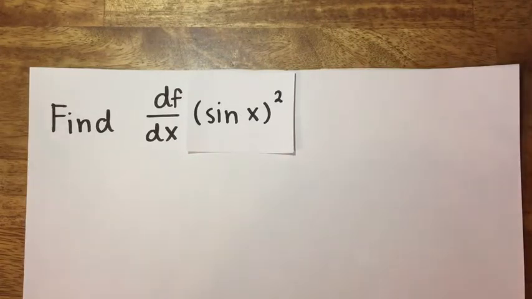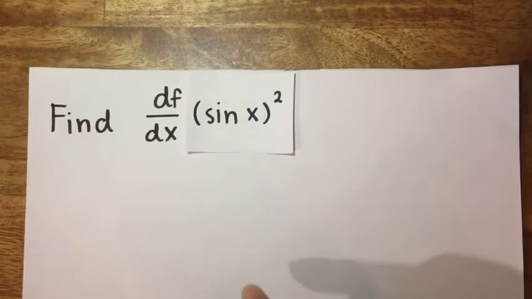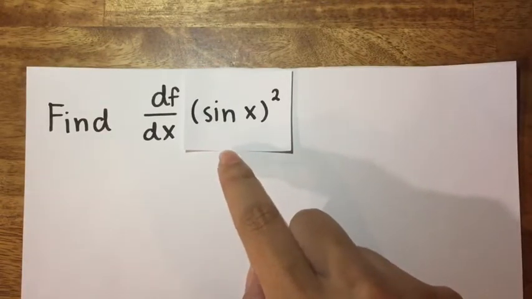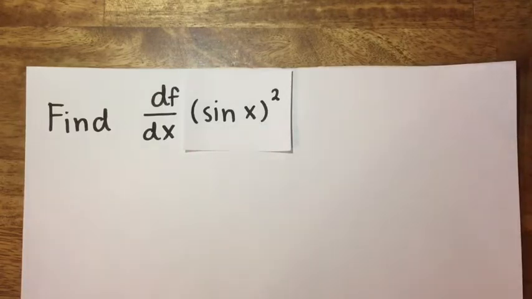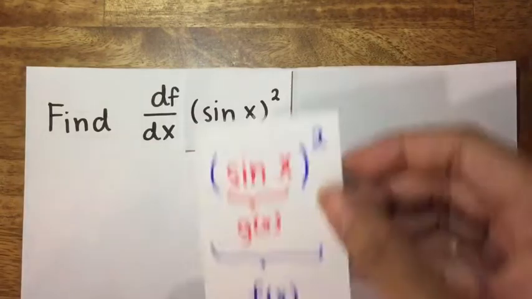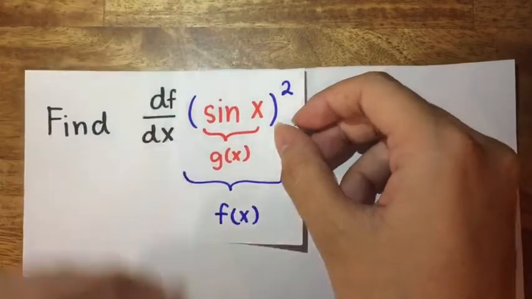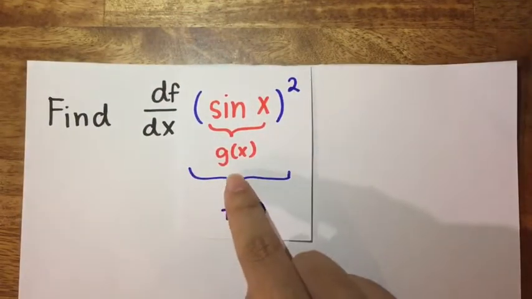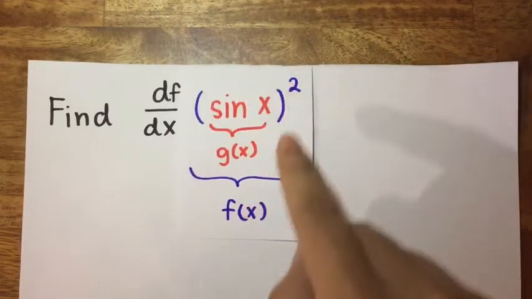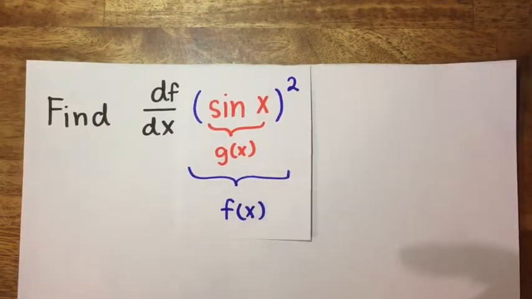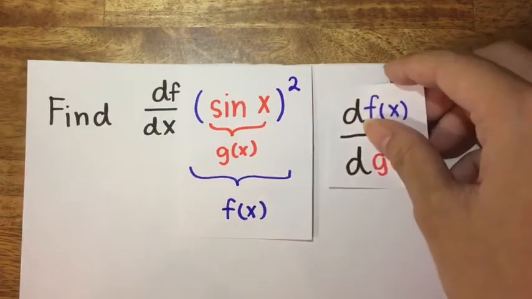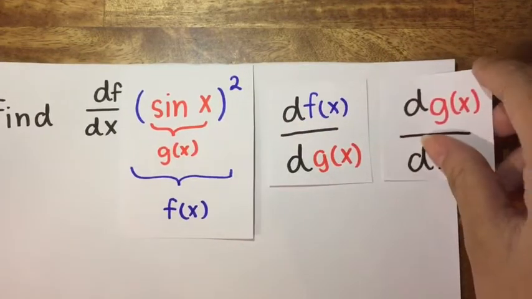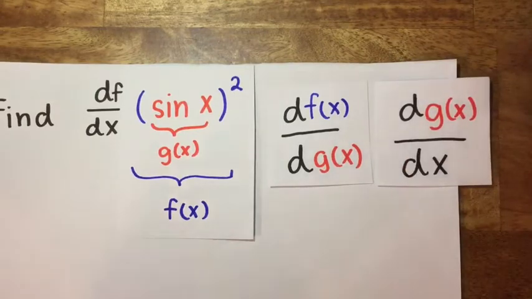So first, you have to find out which one is f of x and which one is g of x. In this case, you can look at this as sine x is g of x, and the whole thing is f of x. The same rule repeating again. Derivative of the outside function times with the derivative of the inside function.